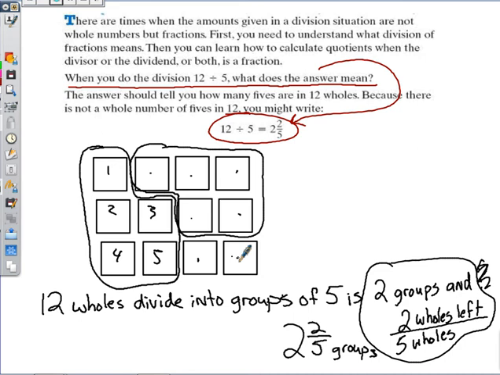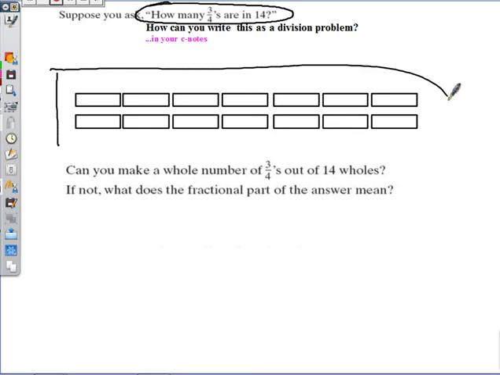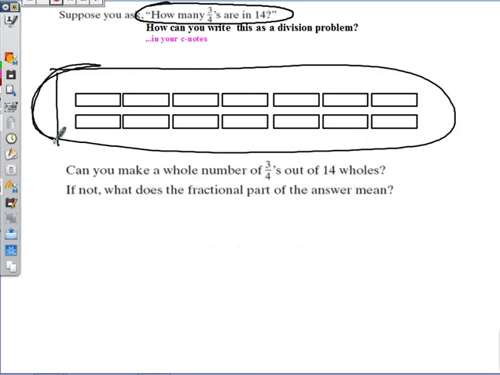This is a problem that you're going to come to class on Tuesday, tomorrow, prepared to work. So copy the question. How many 3/4 are in 14? Draw the picture. The 14 wholes right here, right there. And then find out how many 3/4 there are in those 14 wholes.